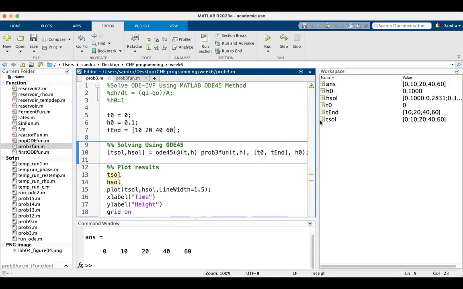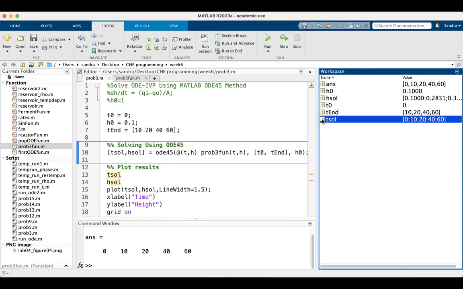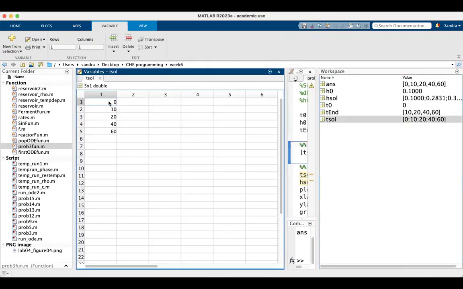See, T-sol will exactly take the intervals that you desired, whatever you gave in T-span. If in T-span you give just the lower and upper limit, the time intervals will be decided by ODE45 by itself. It will automatically calculate which time intervals give you the most stable answer.